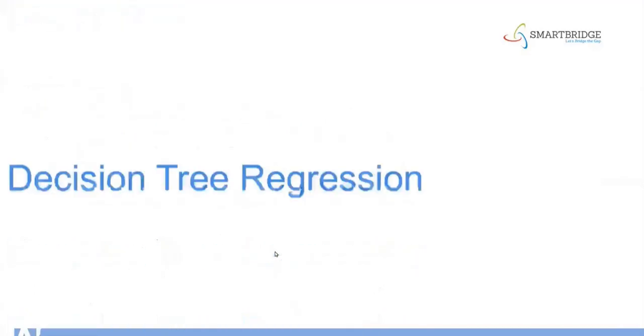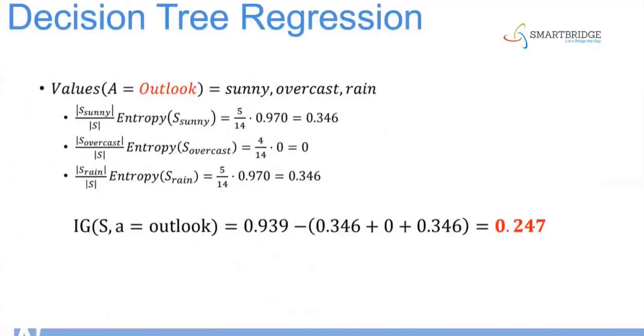Now information gain is again the total entropy minus all the values of the entropies of the subsets. So you get 0.247. The higher the information gain, the lower the disorderedness.